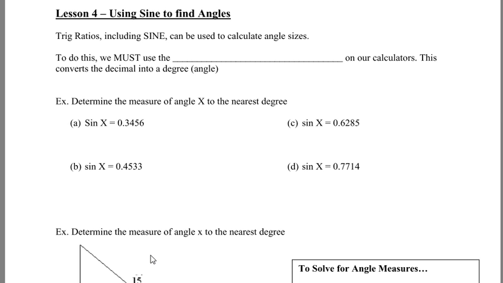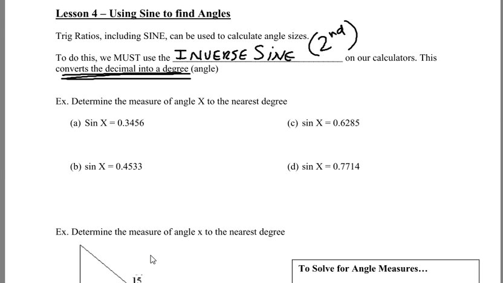Trig ratios, including sine, can be used to calculate angle sizes. Remember, we talked about this last day. We must use the inverse sine, or it was the second function button on our calculators, to convert the decimal to a degree. We didn't use it solving, but we did this in our calculator practice at the start of last lesson.